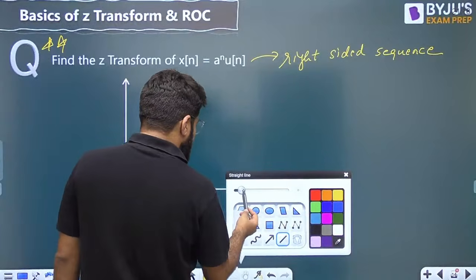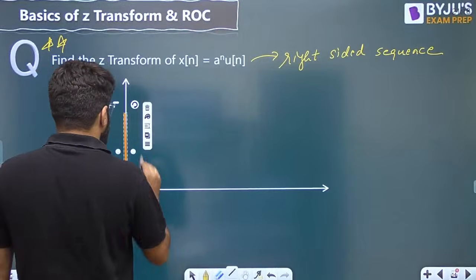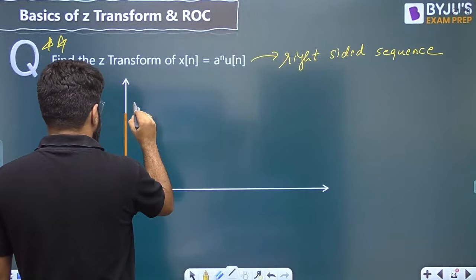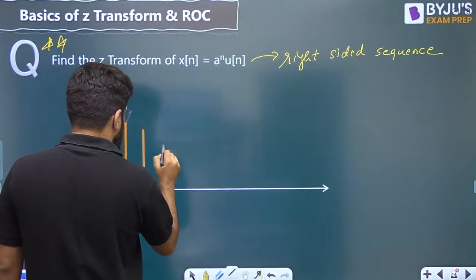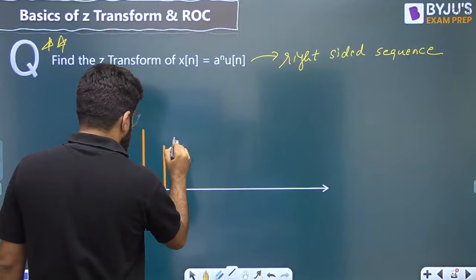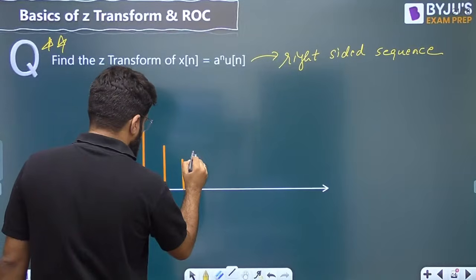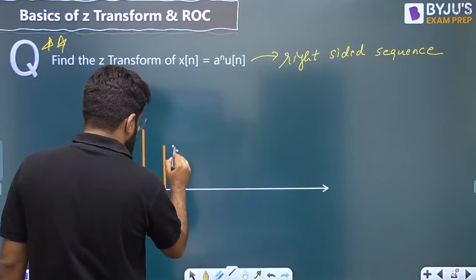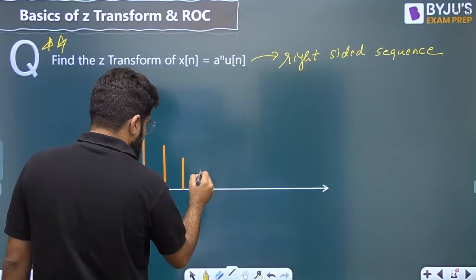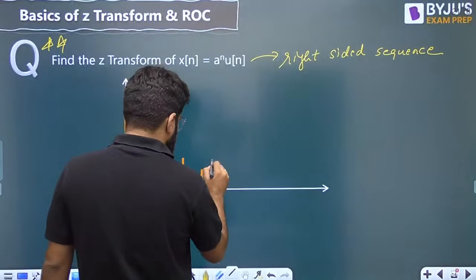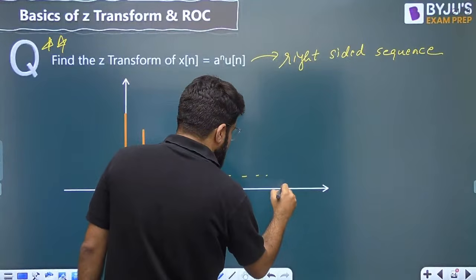So what is this a power n u[n] eventually? If I just give you an idea, it's an exponential signal, and especially if the modulus of a is less than 1, it's a decreasing exponential, eventually turning out to be 0.